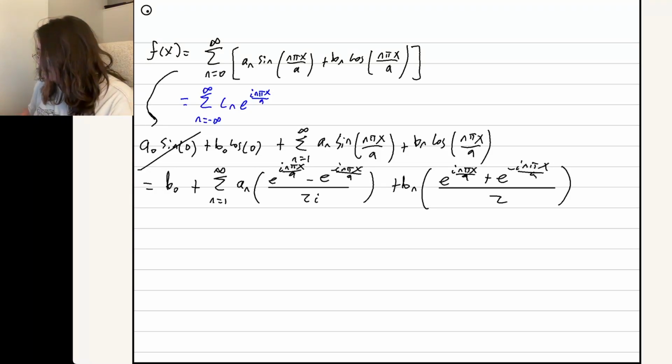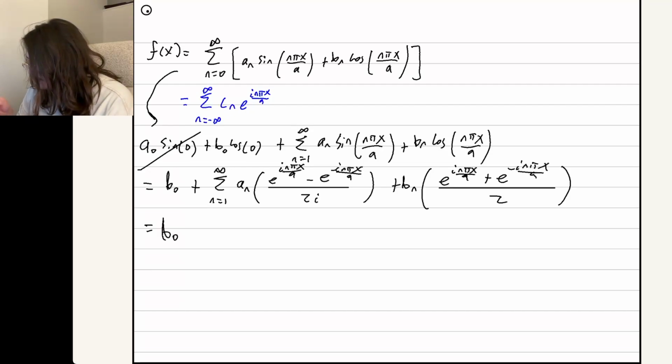So, okay, let's now regroup it into a couple of different sums, one of which I want to be from n equals 1 to infinity of e to the i n pi x over a. And it's going to have the constants a(n) over 2i plus b(n) over 2.